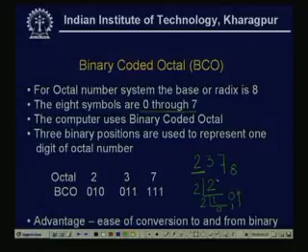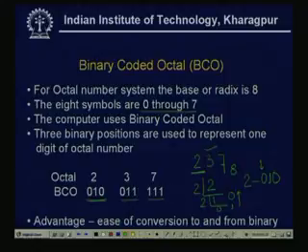So, if I want to represent 2 by a 3-bit binary number, this will be 0 1 0, the leading bit I have given 0, it is of no meaning. So, the BCO of 2 is 0 1 0. Similarly, 3 we can represent as 0 1 1 and 7 is 1 1 1. So, the octal 2378 gives the binary coded octal 0 1 0 0 1 1 1 1 1.